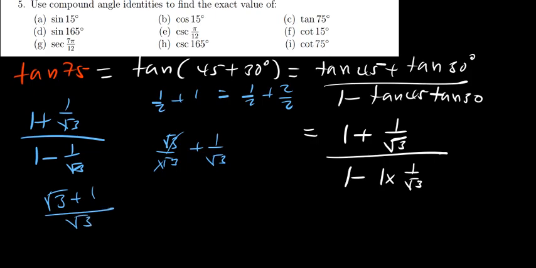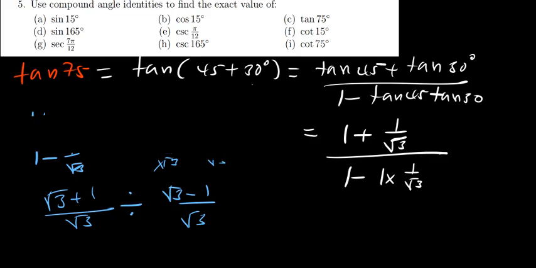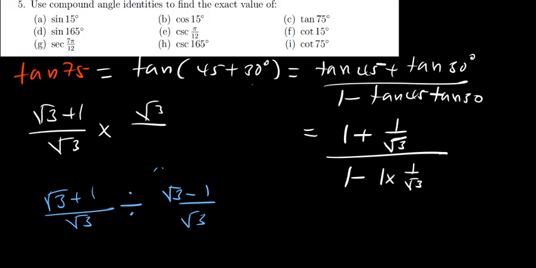Now this is division. The bottom is going to be the same thing if you simplify it, but only that there will be minus. So it will be root 3 minus 1 divided by root 3. Now if you go further and simplify, you get the reciprocal of that, root 3 over this.